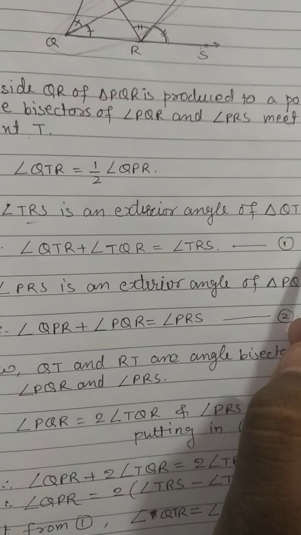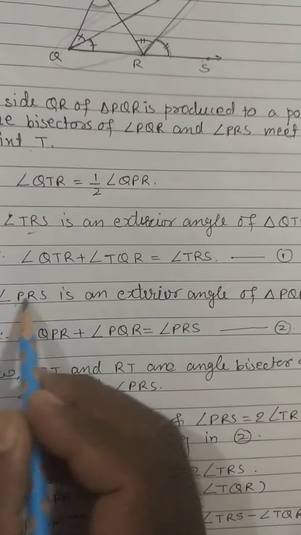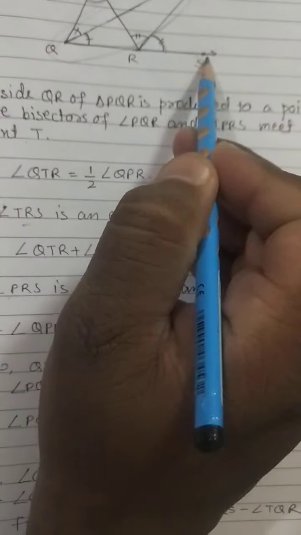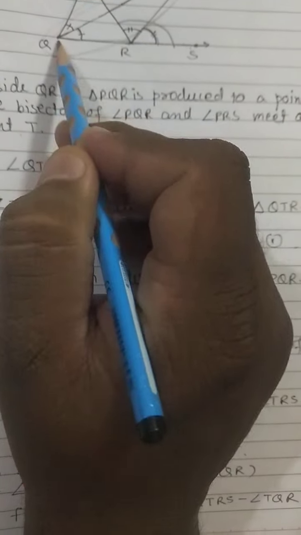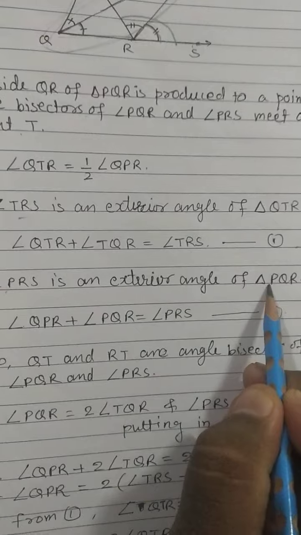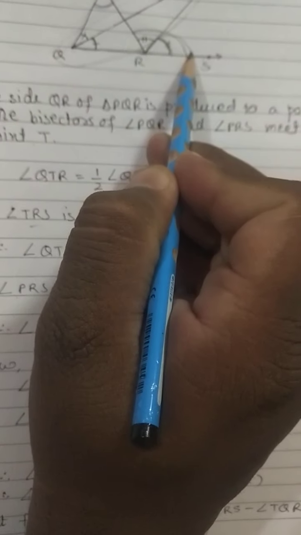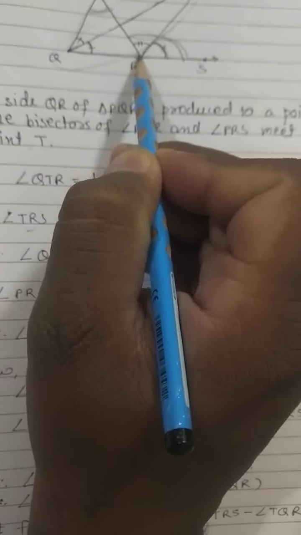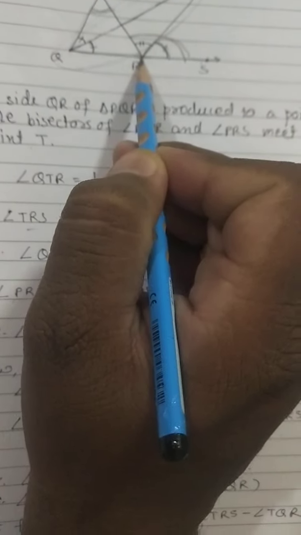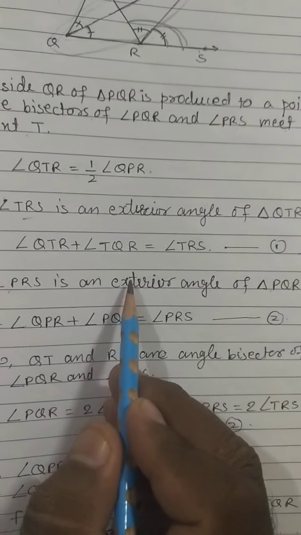Result number 1. Similarly, angle PRS means this angle is also an exterior angle of triangle PQR. So we can say that this angle PRS is equal to angle QPR plus angle PQR, right?